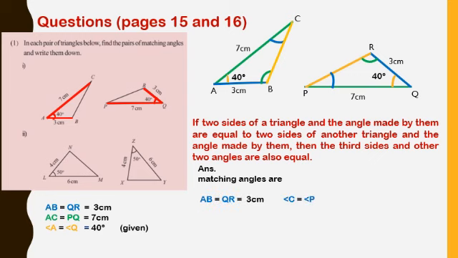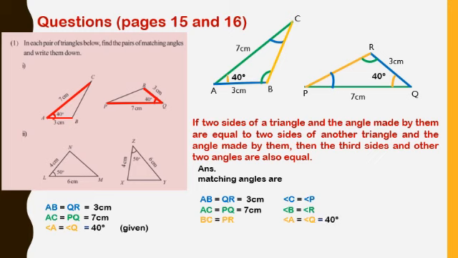Here side AB equal to QR equal to 3 centimeters, and angles opposite to 3 centimeter sides are angle C and angle P. So we can write angle C equal to angle P. Next side is side AC equal to PQ equal to 7 centimeters. And angles opposite to 7 centimeter sides are angle B and angle R. So we can write angle B equal to angle R.